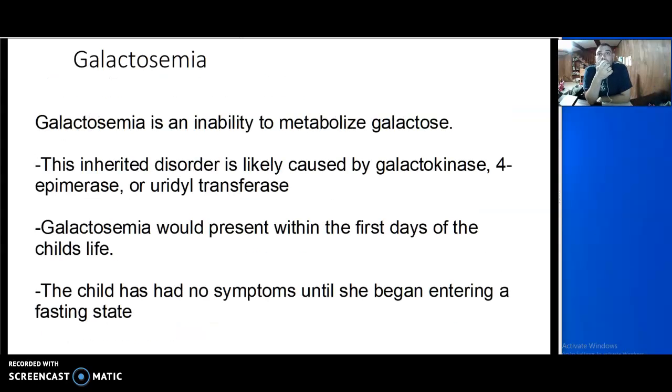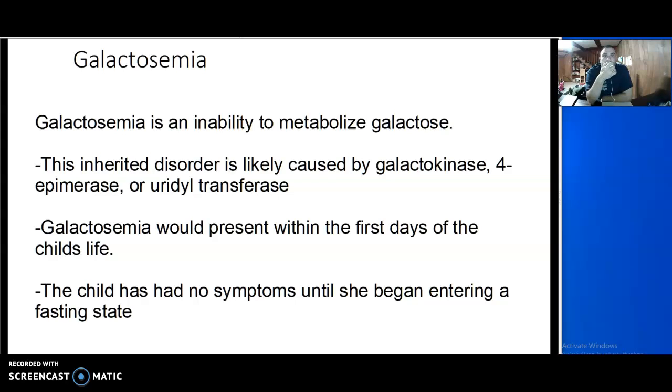We move on to galactosemia. Galactosemia is an inability to metabolize galactose. This inherited disorder is likely caused by one of 3 enzymes, uridyl transferase being the most common, also the most serious. Galactosemia would have presented within the first days of the child's life. A treatment of formula, which is strictly sucrose based, is usually the treatment for these children.